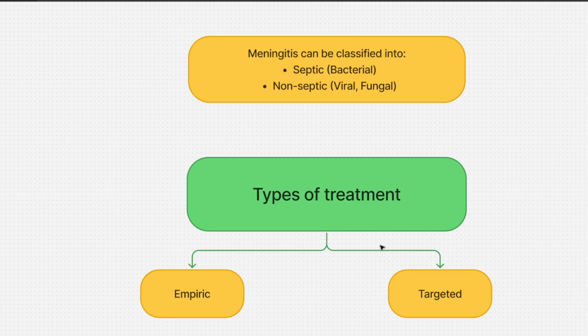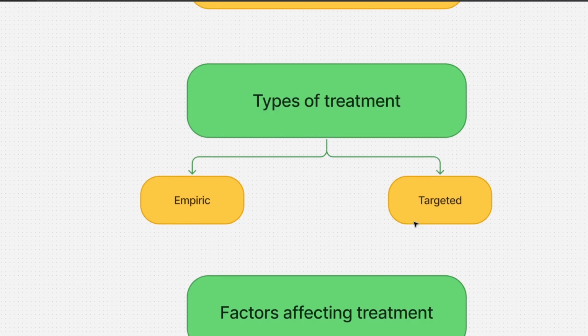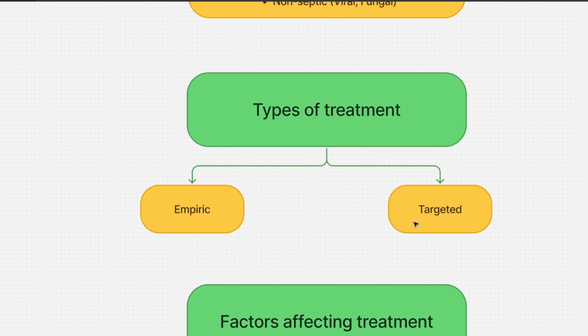We can have a broad history, but we don't know exactly what the cause of the meningitis is. We know there is meningitis, but we don't know what organism, whether that be what specific species of bacteria or virus.